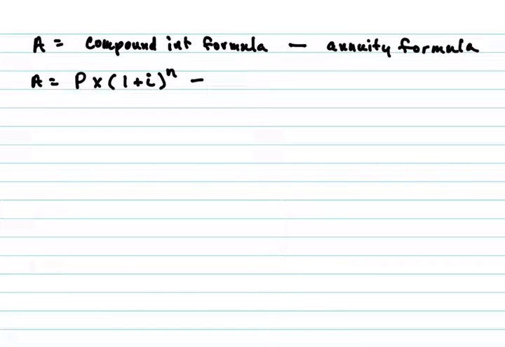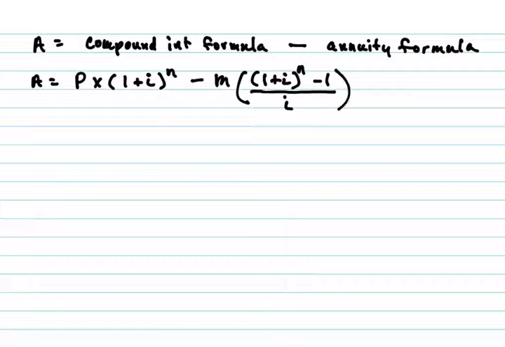You can tell which one you want to use because it looks very similar to the compound interest formula, specifically this piece of it. Okay? So it's M, big bracket, 1 plus I raised to the nth power, minus 1, divided by I. Close your bracket.